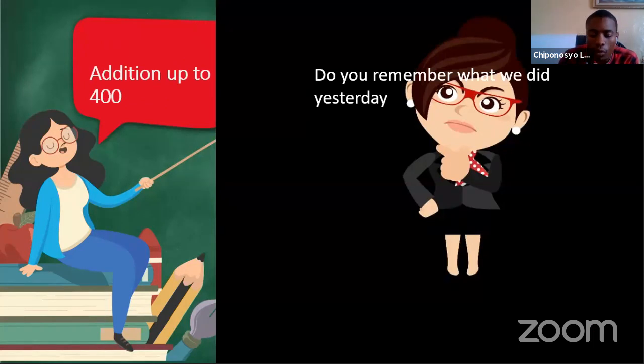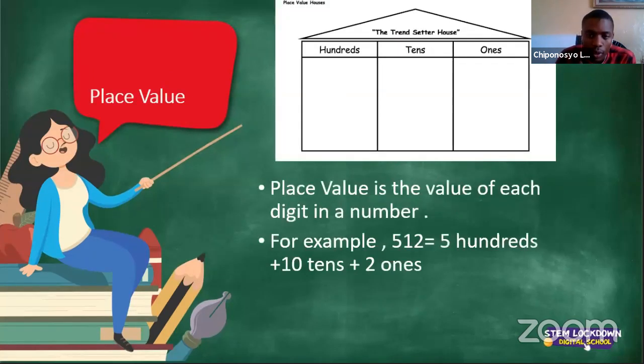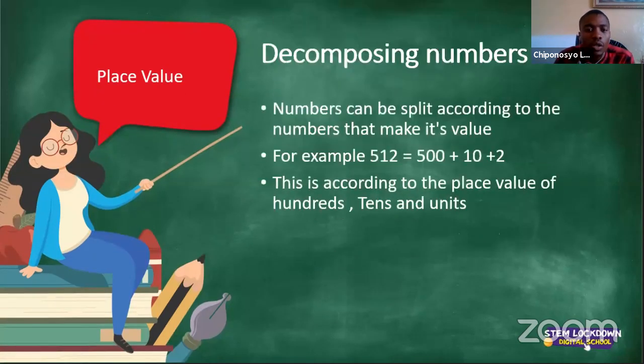Right. So what did we do yesterday? Yesterday we were doing place value. But first, we learned how to decompose numbers. That's when you split numbers into their different values. So we learned how to start splitting numbers into the different values that they have.